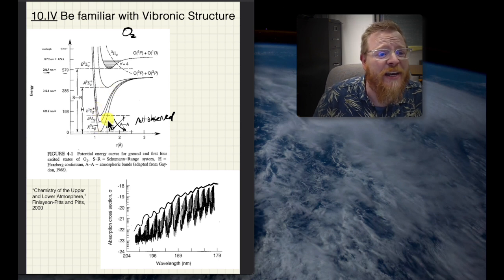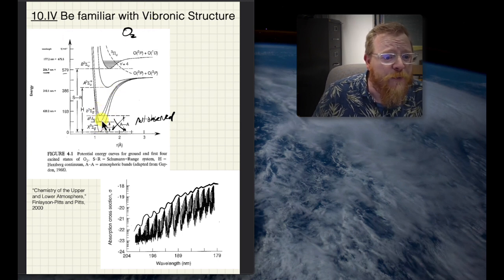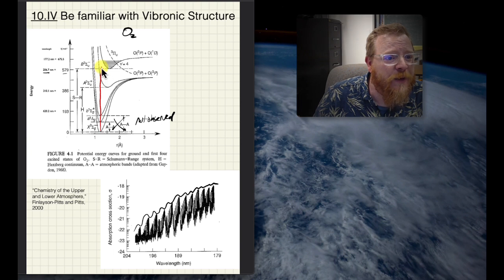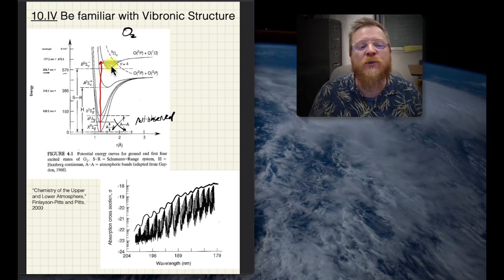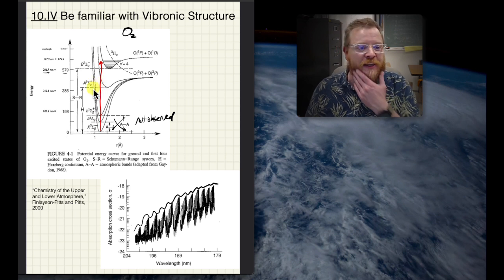And we can see that here by noting, I'm going to change my color, if I do this vertical transition and go all the way up here, I'm going to get myself somewhere near the edge or somewhere close to these vibrational energy levels.